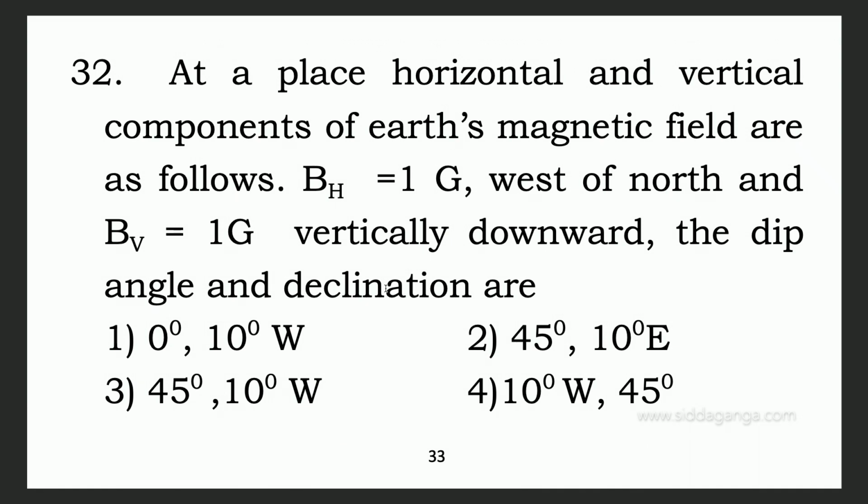At places, the horizontal and vertical components of a magnetic field are as follows. BH is 1 Gauss, west of north by 10 degree, and BV is 1 Gauss vertically down.